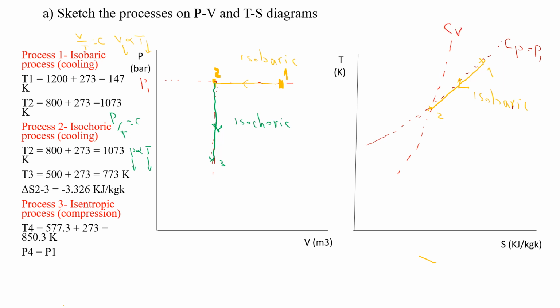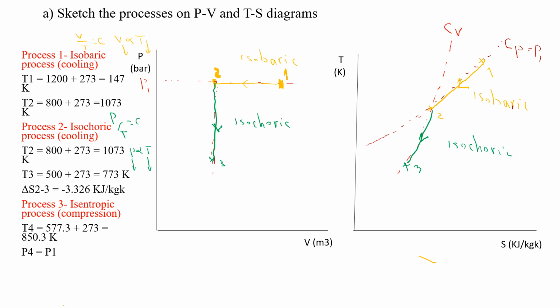You need to remember that the constant volume curve, the slope is higher than the constant pressure curve. So now we draw the isochoric process. This is the path from state 2 to state 3. So this is the path and this is the direction of the path. This is isochoric.